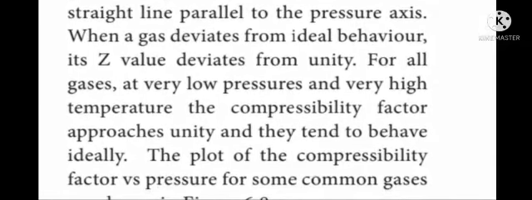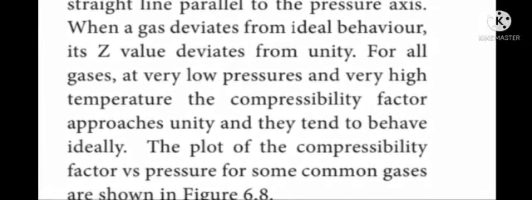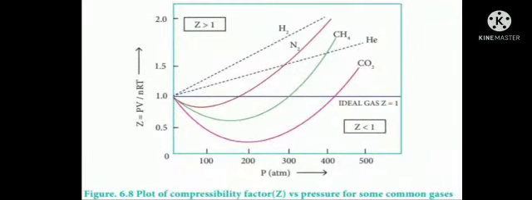The plot of compressibility factor versus pressure for some gases is shown in the graph. Here we have the plot of the compressibility factor Z versus pressure P, explained for hydrogen, nitrogen, methane, helium and carbon dioxide gas.